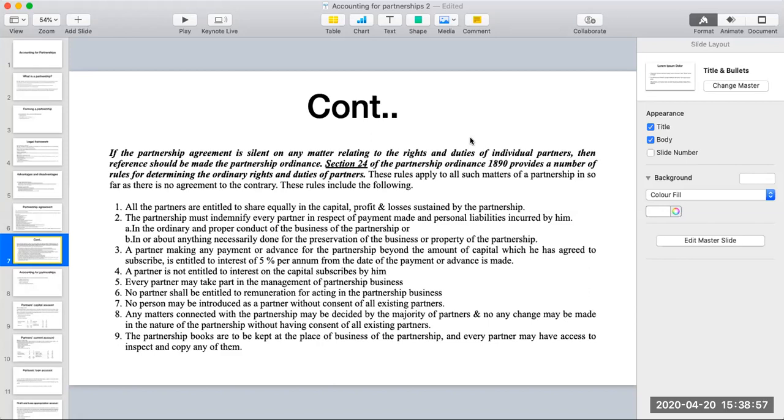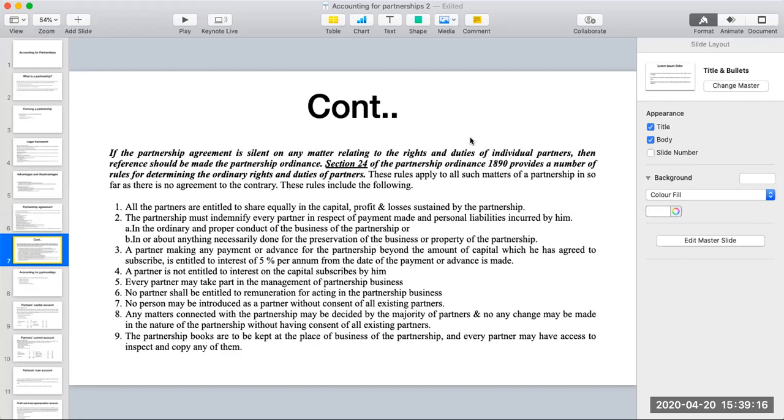A partner is not entitled to interest on the capital subscribed by him. The previous one we discussed is additional capital. Here we discuss the capital. There's no interest on capital according to the ordinance.